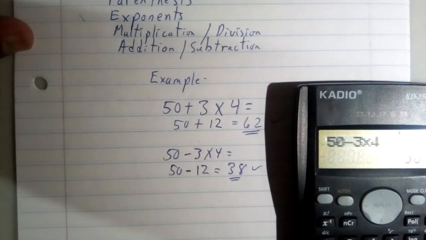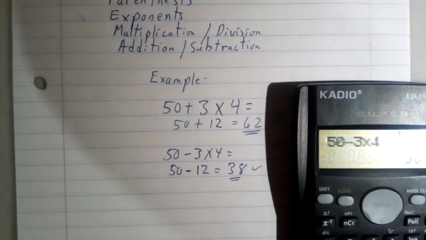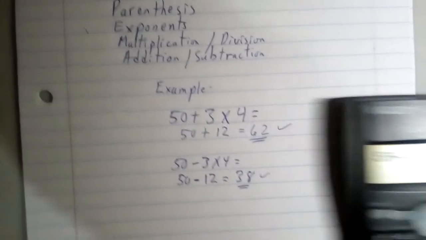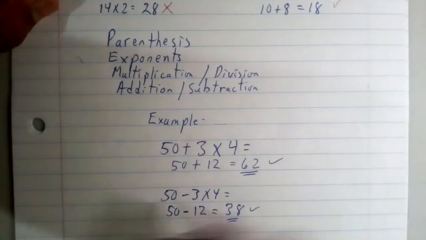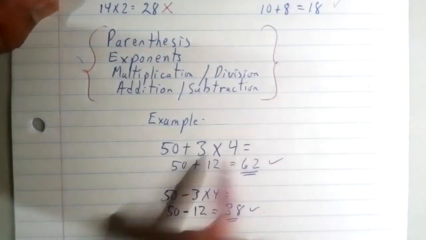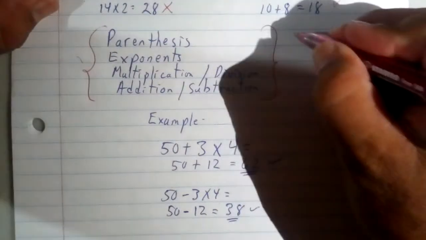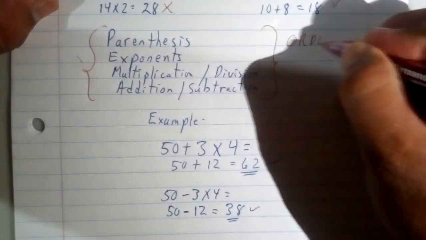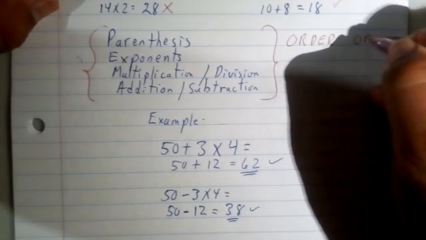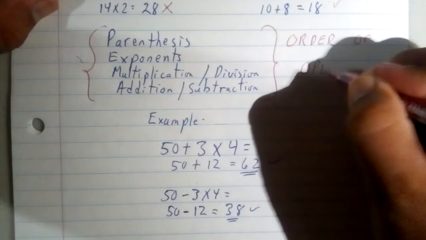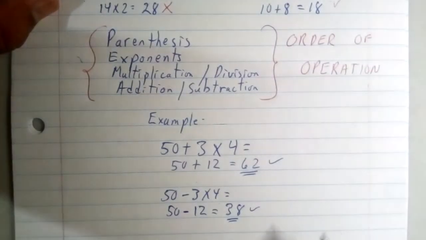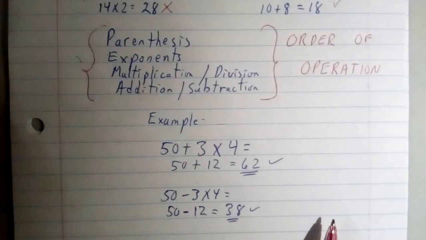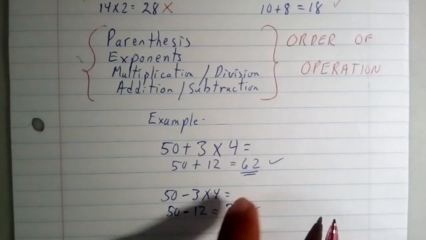Alright, therefore we're going to say now that this information is known as the order of operation, and this just gives us structure so that whenever anyone works mathematical problems, they should end up with the same answer.